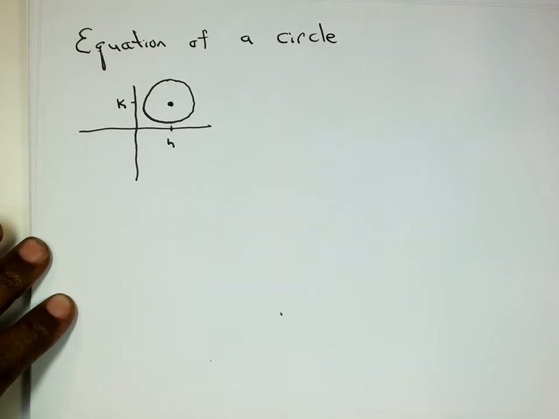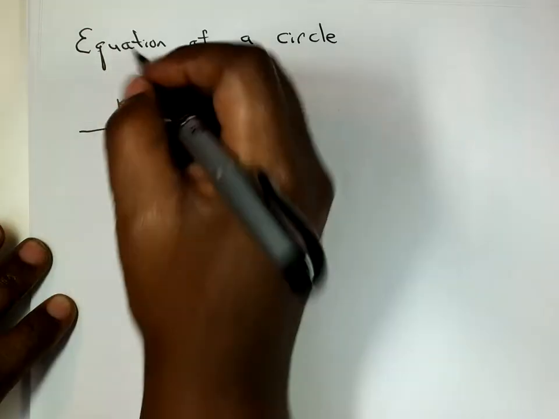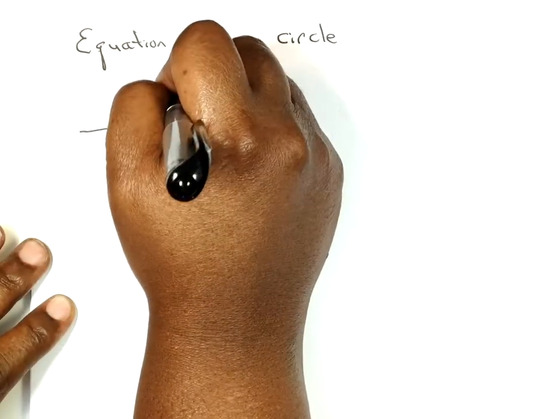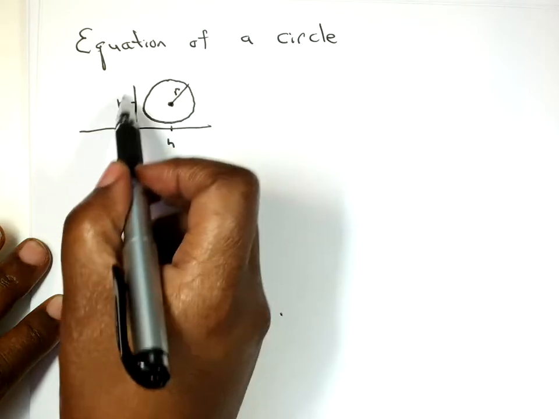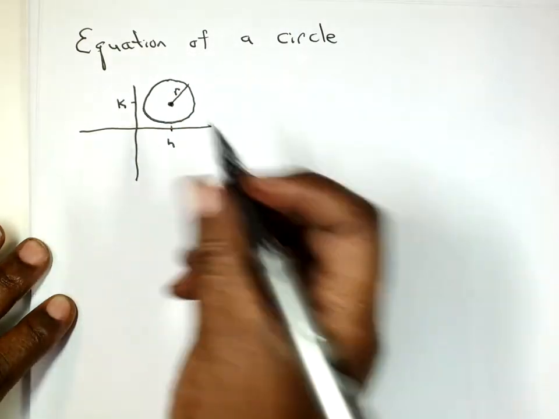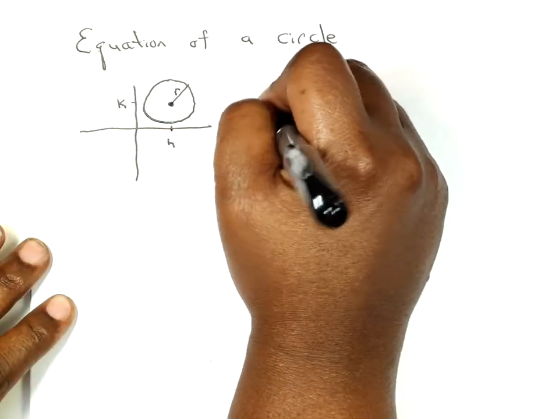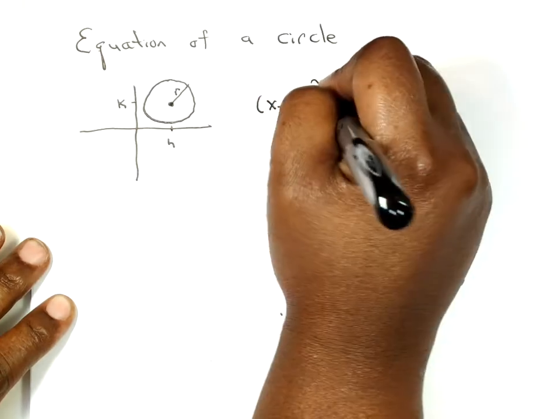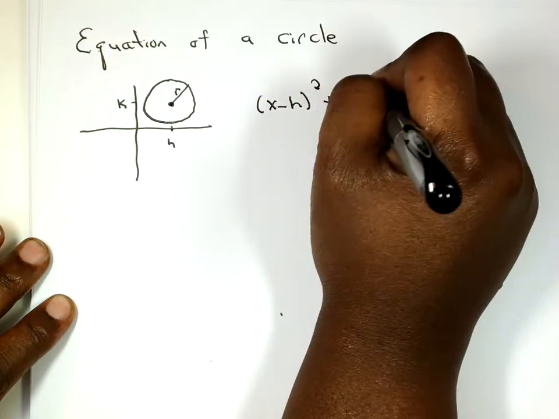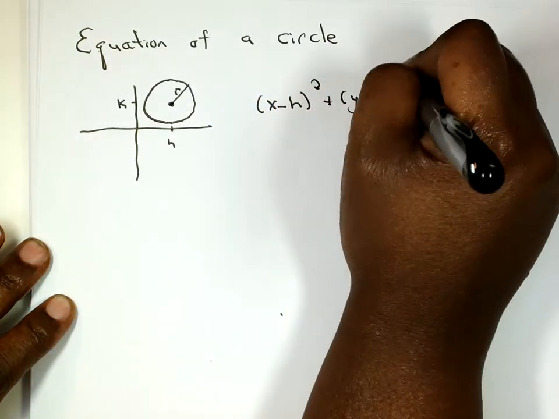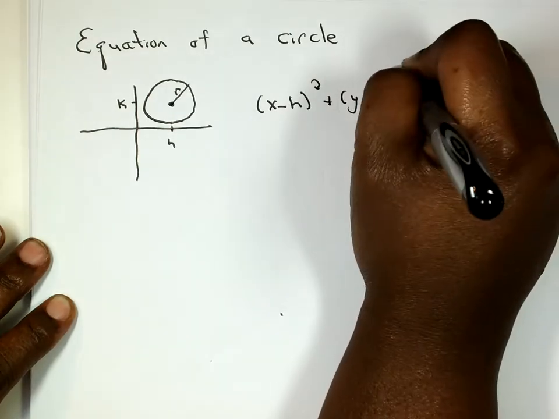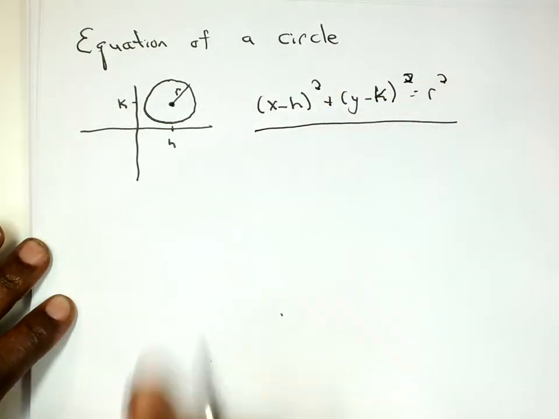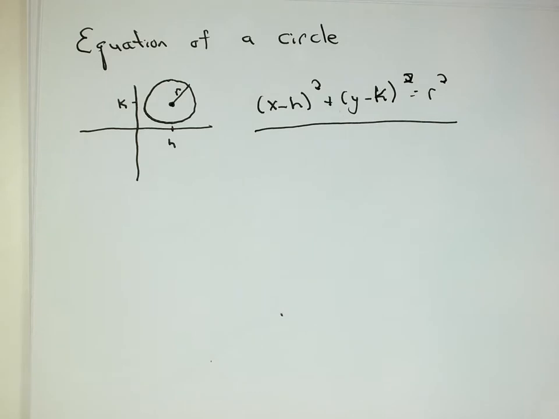Whenever you're talking about this point h, k, we know that we're talking about the center of a circle. And then we have a radius, and that radius is the same no matter where we hit on the circle. So I get x minus h squared plus y minus k squared is equal to r squared. So that is the basic formula for the circle.